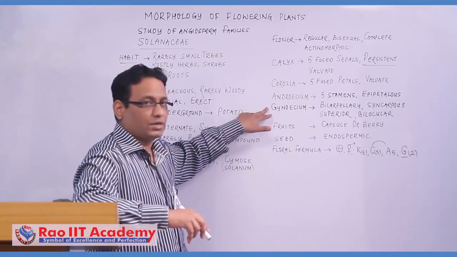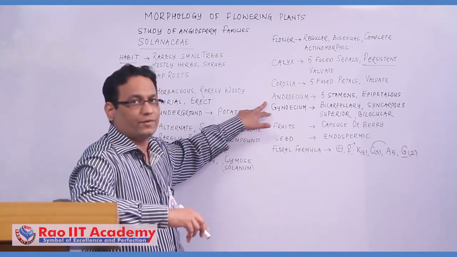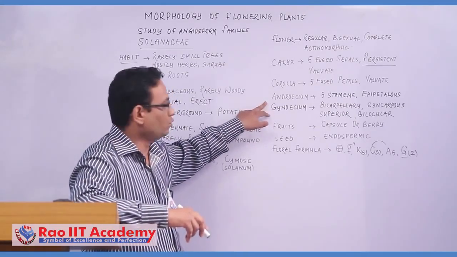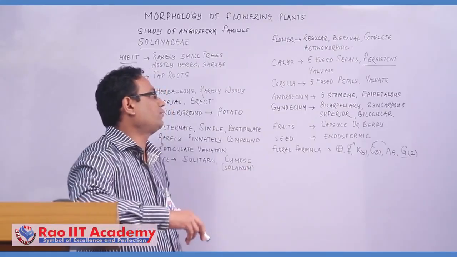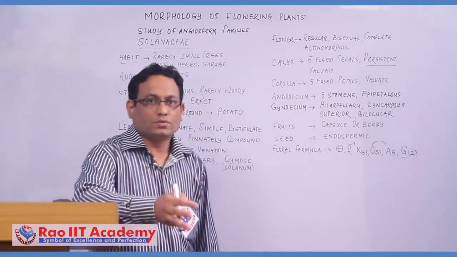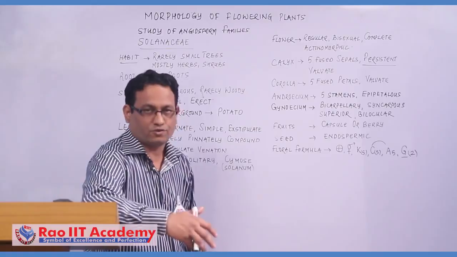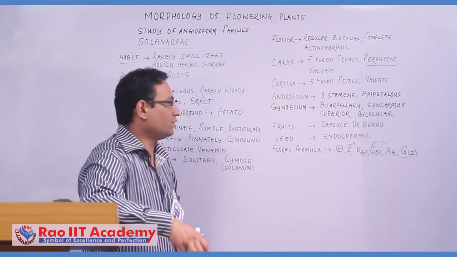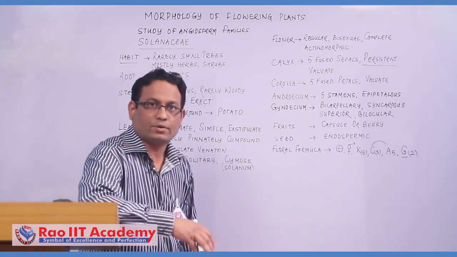As we go through the gynoecium, after fertilization, as the seeds and the fruits are formed, we realize that the fruits here are basically capsules or berries. In one of the previous sessions, we understood something about fruits.